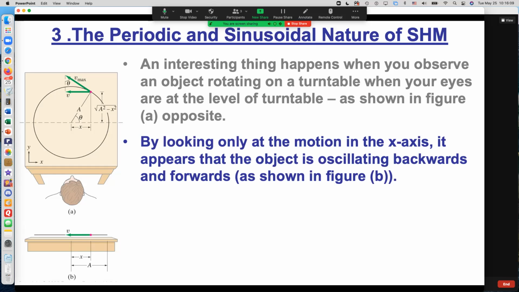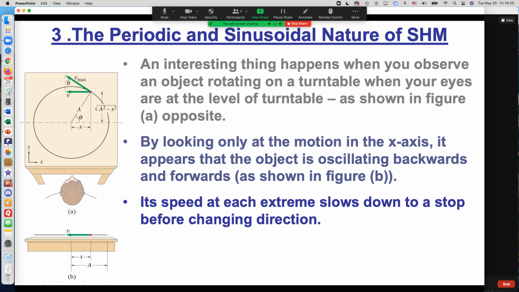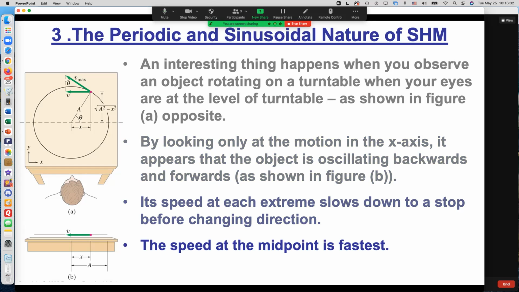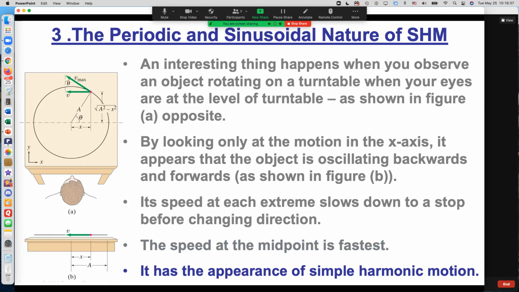It's just that if you were an ant in two-dimensional space, you wouldn't know the difference, right? It appears the object's oscillating backwards and forwards as shown in part B of the figure. Its speed at each extreme slows down to a stop before changing direction. And the speed at the midpoint is fastest. It has the appearance of simple harmonic motion.